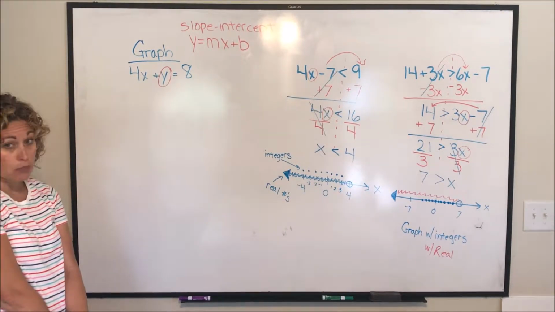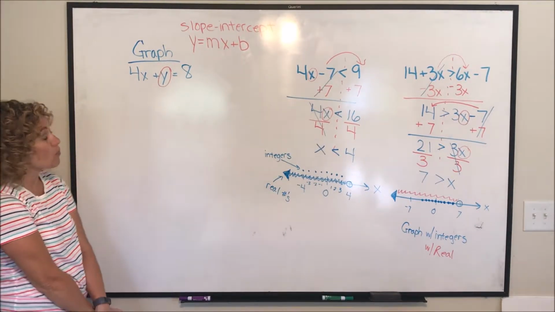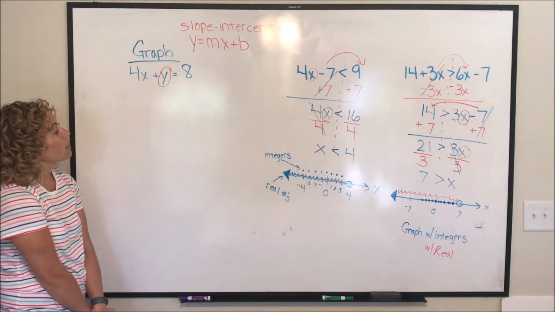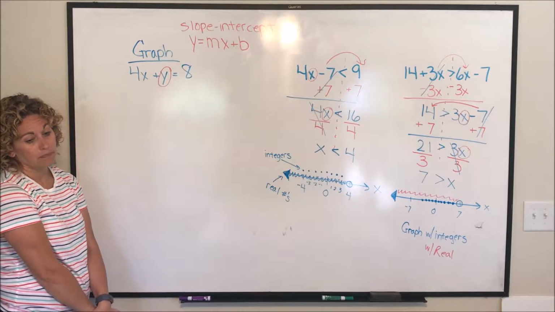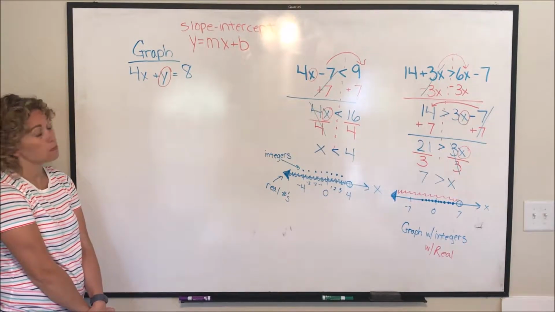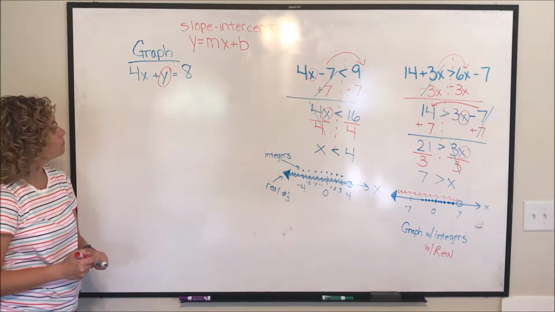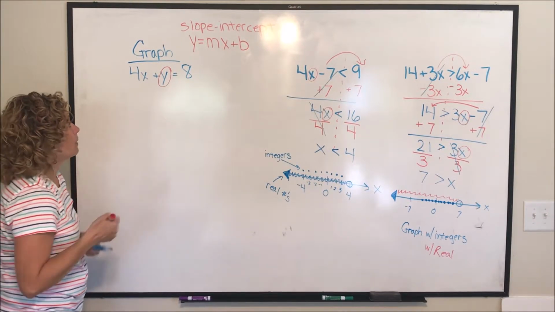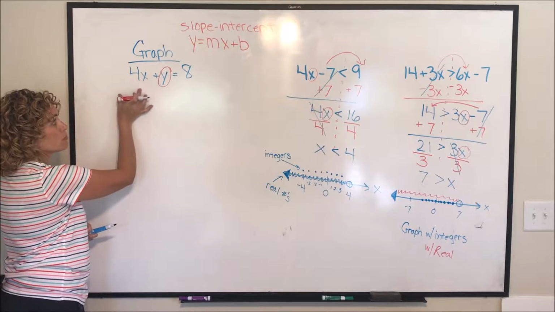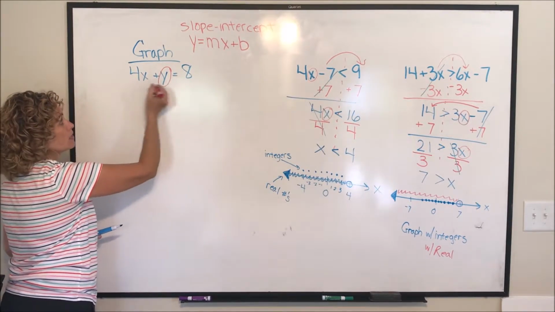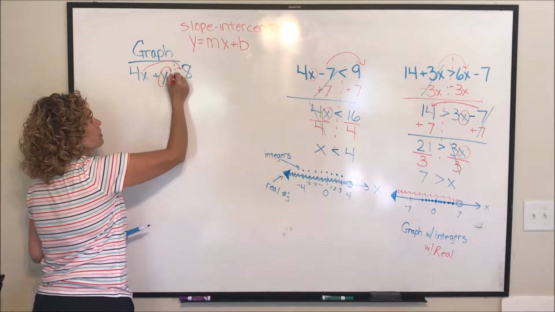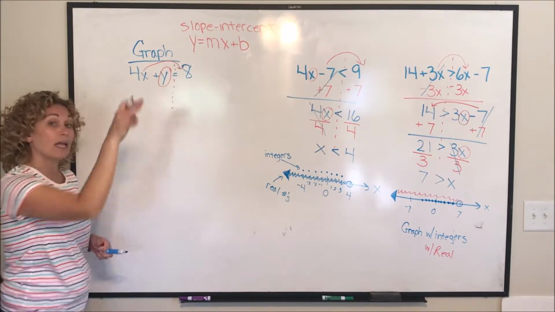So if you would like to push pause and go ahead and try it on your own, you are more than welcome to, and you should be able to. All right, so you should have solved for y. What we're going to do is move everything else, just like we did over there, to the other side. Okay, we can think of there being that dividing line to cross over.